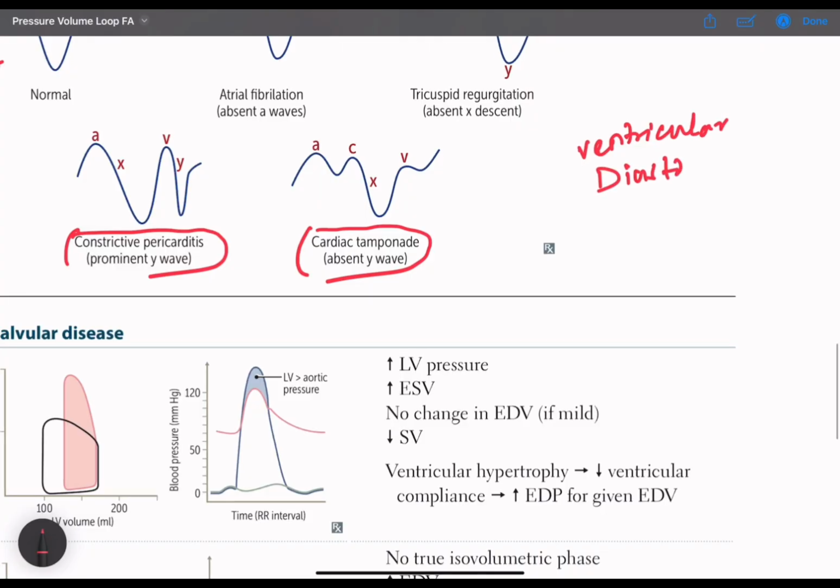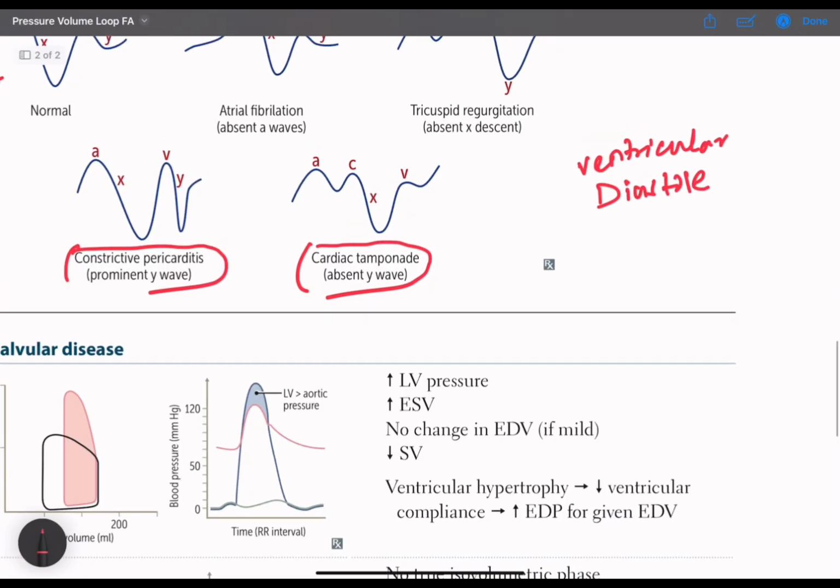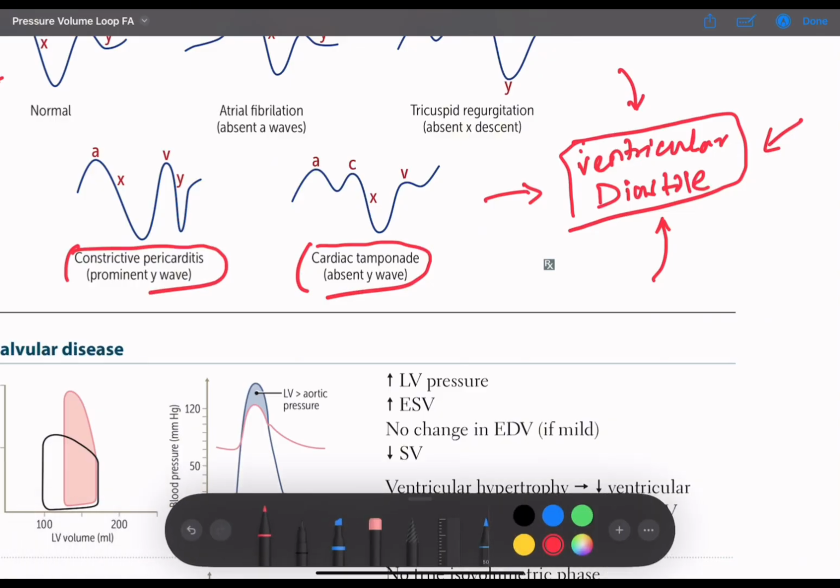In both constrictive pericarditis as well as cardiac tamponade, we have compressive forces on the ventricles and the atria, which affect their relaxation. So it doesn't let the ventricles as well as atria relax properly. So as a result, we will have a compromised Y wave.